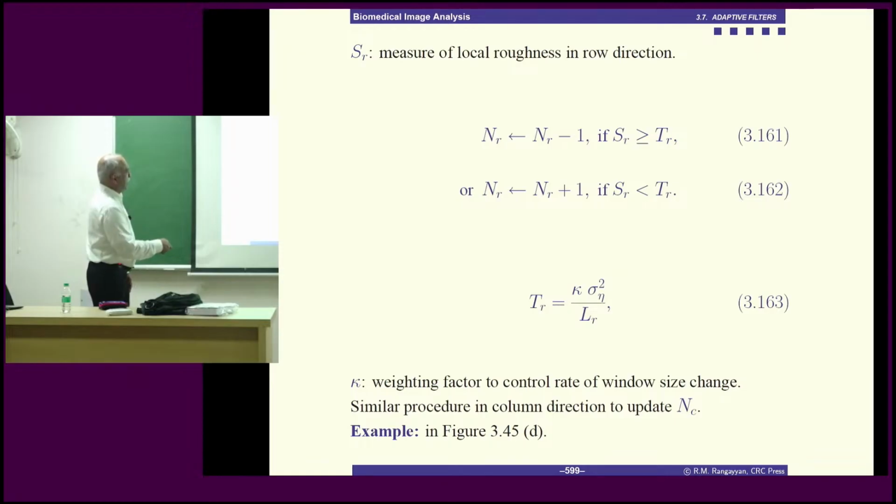So there is some factor kappa to control. The same is done for the column direction. So the rectangular window adapts by becoming broader or taller as you go pixel to pixel, and the local statistics are computed for every pixel as the window moves.